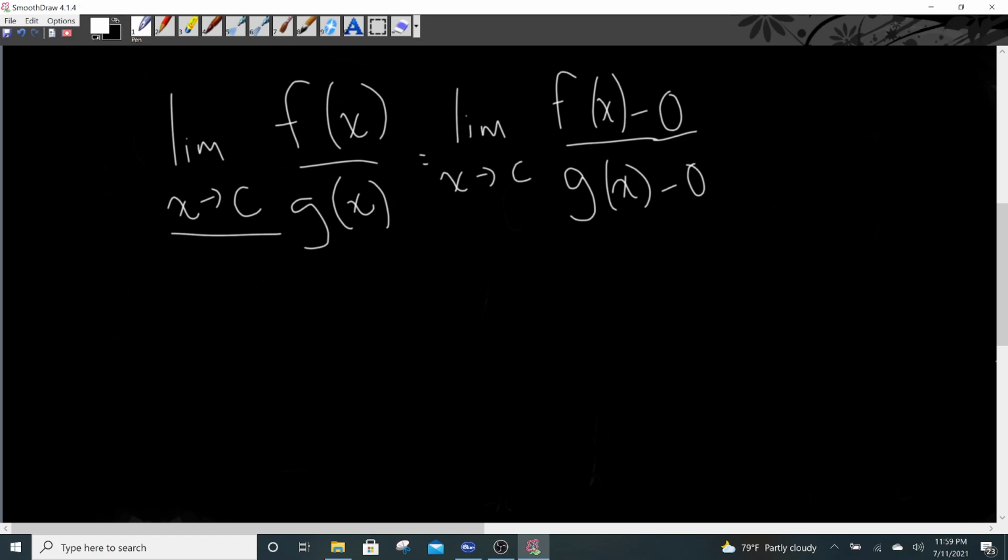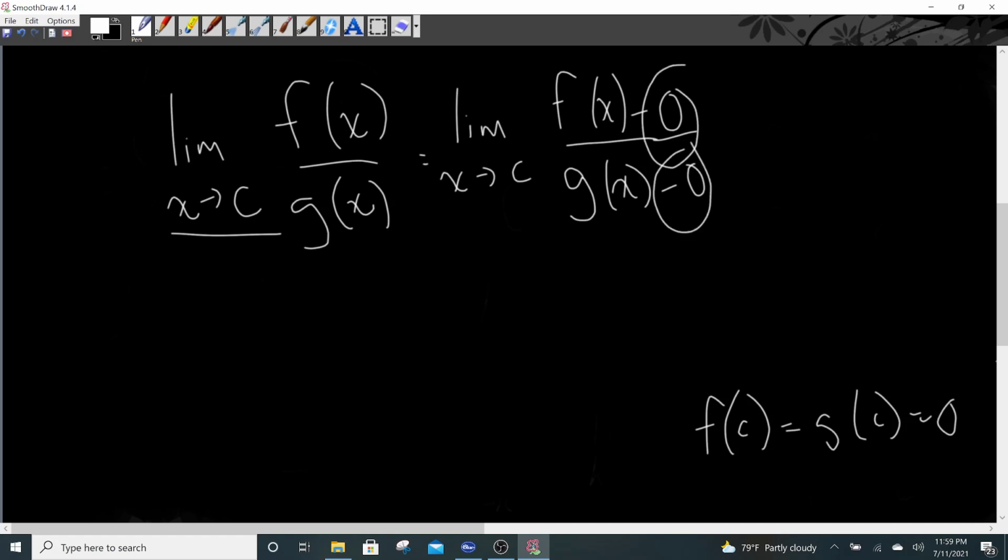So remember our first assumption that f of c is equal to g of c, which is equal to 0. And we added some minus zeros. It's not some crazy thing that we've done. It's pretty normal.